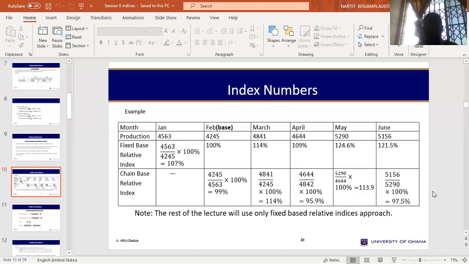But February we are basing on January, so that will be 4245 over 4563.